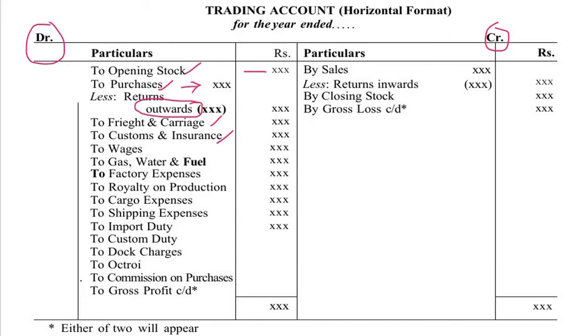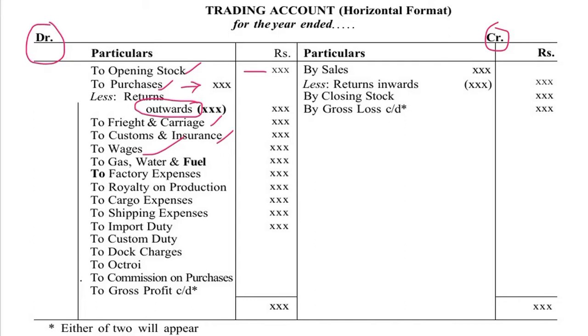The total insurance amount comes at the end, but up to then we are paying the amount. So it is also one type of expense for us, and it is also on the debit side. Next, wages, that means the daily labor, the daily amount which we pay to the laborers. So this is also on the debit side.